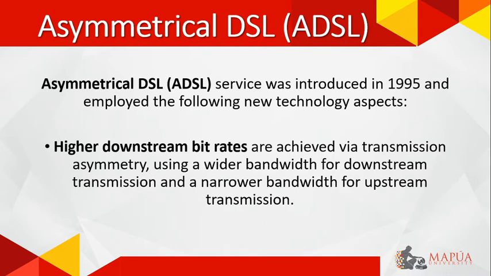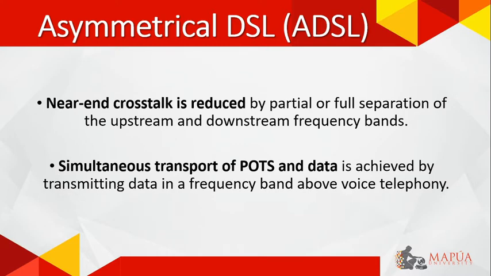Asymmetrical DSL, or ADSL, service was introduced in 1995 and employed the following new technology aspects. Higher downstream bit rates are achieved via transmission asymmetry, using a wider bandwidth for downstream transmission and a narrower bandwidth for upstream transmission. Near-end crosstalk is reduced by partial or full separation of the upstream and downstream frequency bands.